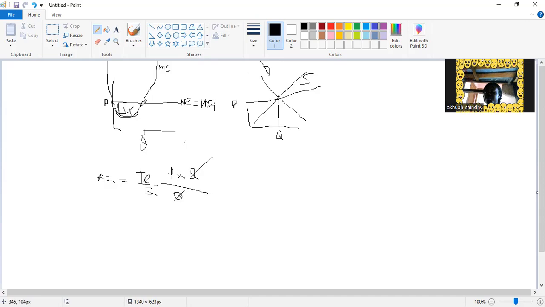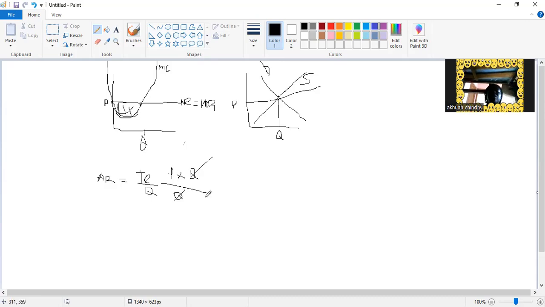But when you reach this point, you realize that after this point, your marginal cost is greater than your marginal revenue. So at this point your profit is maximized. That's why we don't stand here to say your profit is maximized, but at this point where after this point the marginal cost is rising.